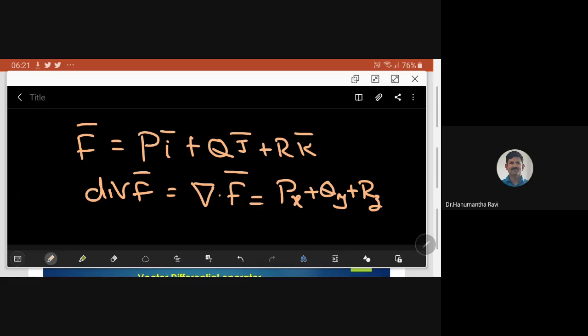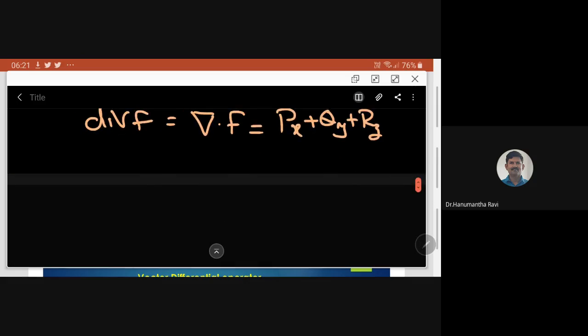And then there is another idea called curl of F bar with regard to a vector field.